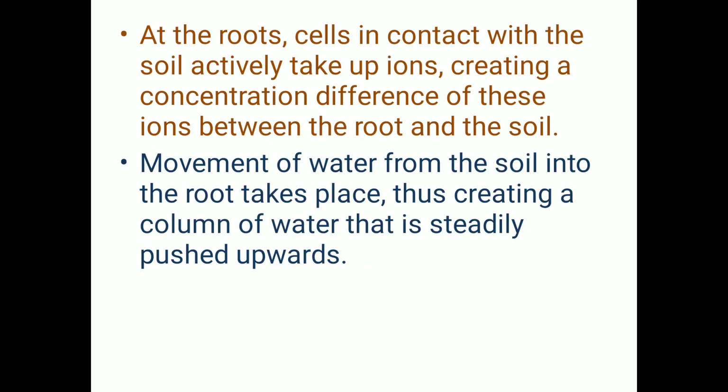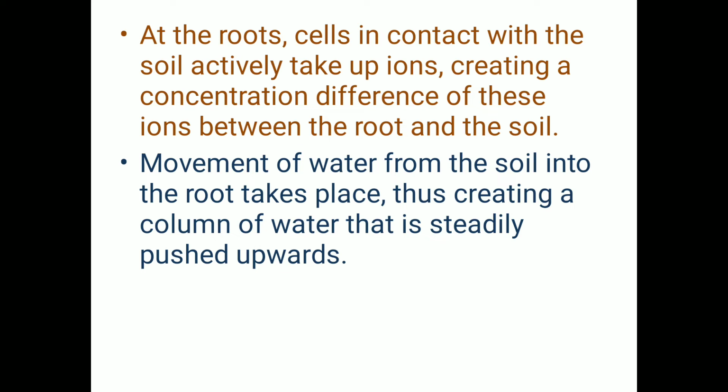Now, how does this happen? At the roots, the cells in contact with the soil actively take up ions. When we say active transport, it means there is a utilization of energy. Thus a concentration difference of these ions is created between the root and the soil.